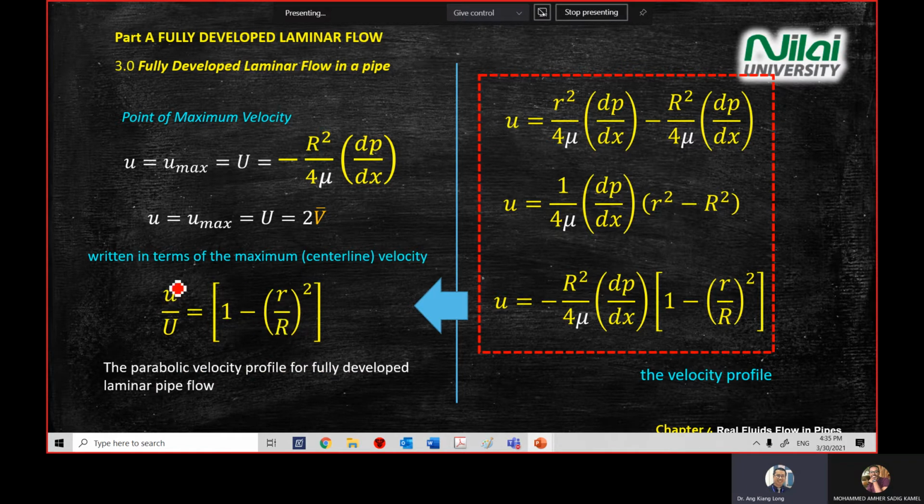If you plot y, which is r, versus x, which is u divided by U, or you can plot y equal to u divided by U versus x, where x is 1 minus r squared divided by R squared, you can plot this graph and you'll get a parabolic behavior.